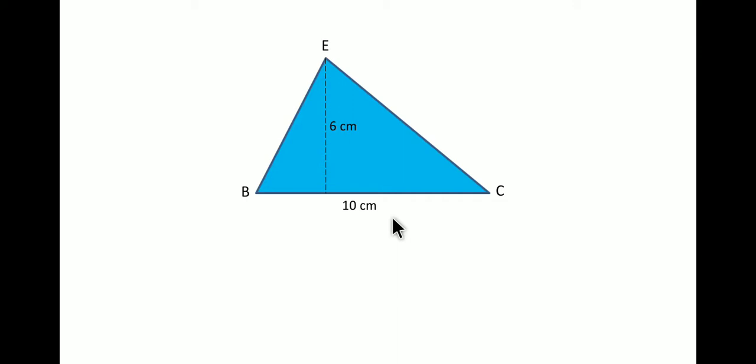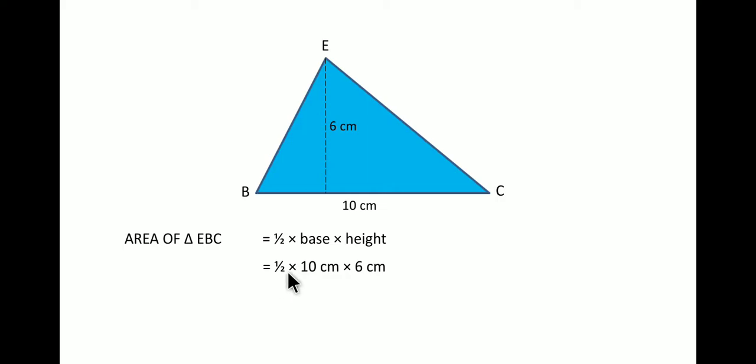Now we can directly apply the formula: area of triangle EBC is equal to half into base into height. Remember, the base over here is 10 centimeter and the height is 6 centimeter. So when you use the formula half into base into height and put these values, half into base 10 centimeter and height 6 centimeter.